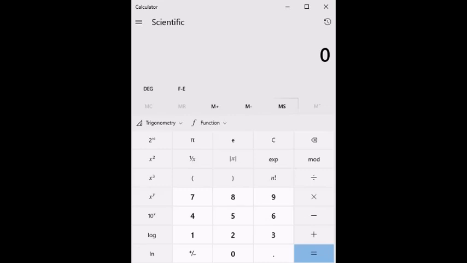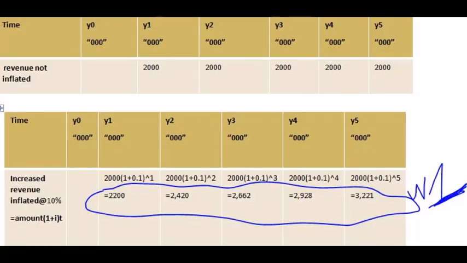For working number 1, we are going to look at the revenue increase. I have two tables. One table shows the time: year 0, year 1, year 2, year 3, year 4, and year 5. Revenue not inflated, as stated in our question, was 2 million per year. So we are going to inflate it. We use this formula in table 2, where the revenue is inflated by 10%.